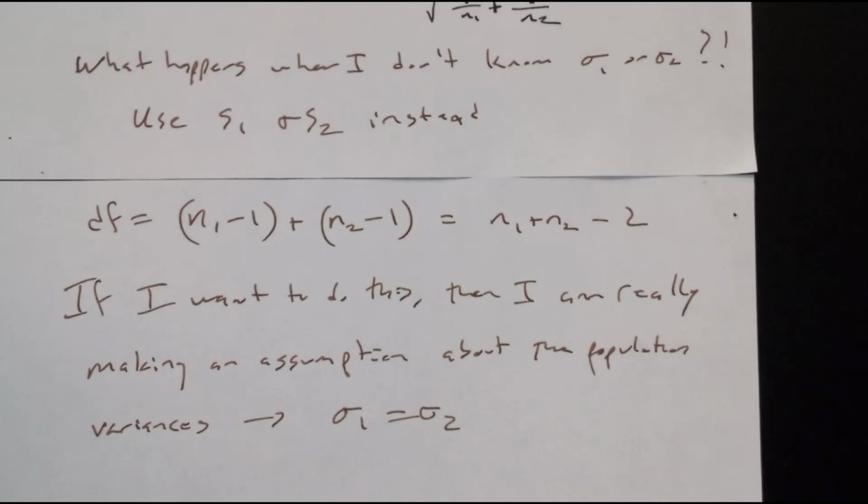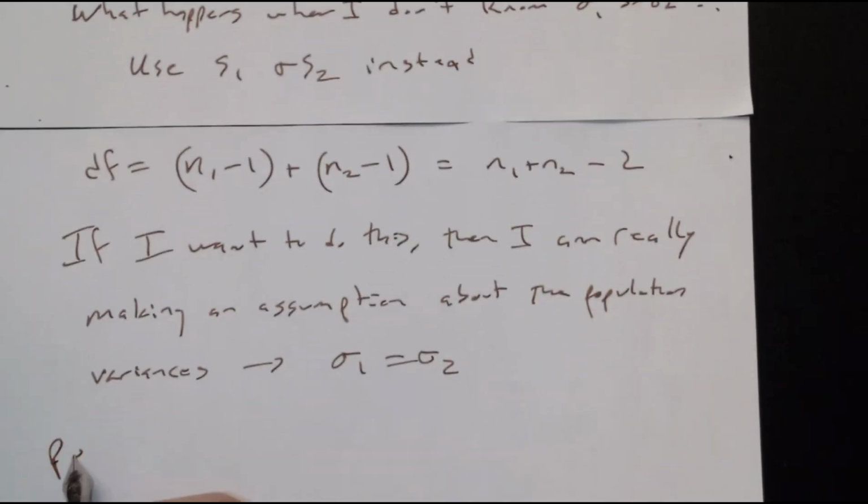But the groups might be different sizes. In our example we were just working with, I had 10 samples from one side of the river and 15 samples from the other. So I need to make a weighted average instead. That's called a pooled variance, SP.